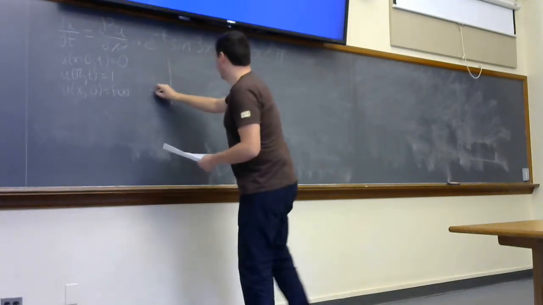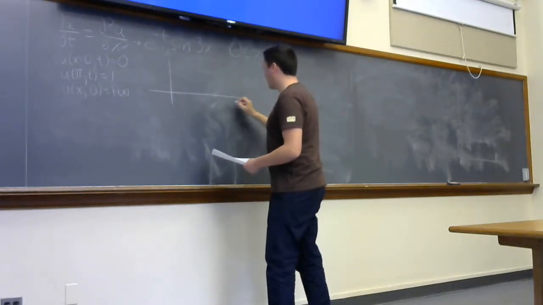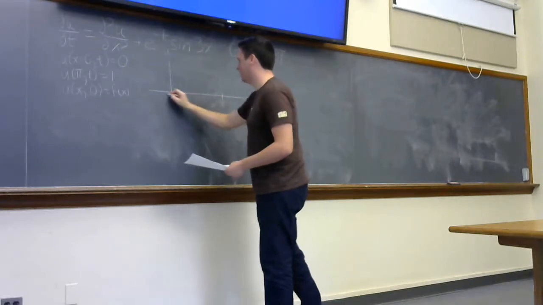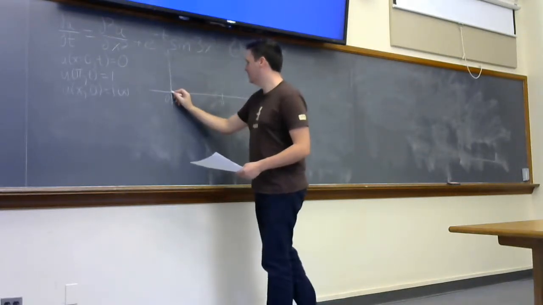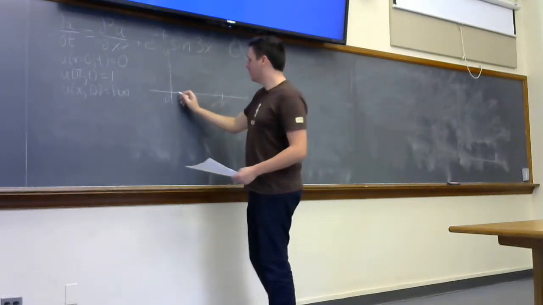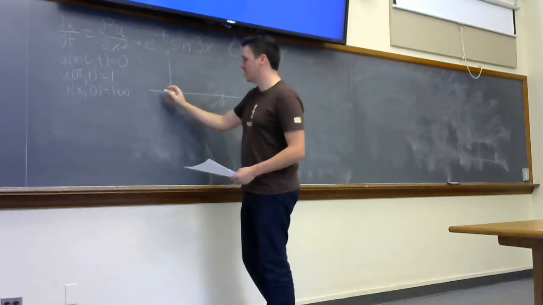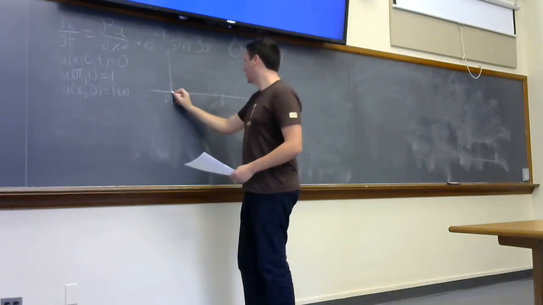So if we plot this, we've got u, we've got x, this is pi, that's 0. All we really know for sure is that, if we assume there's a linear relation between these two things, the boundary condition in time for any t is going to be something like this.